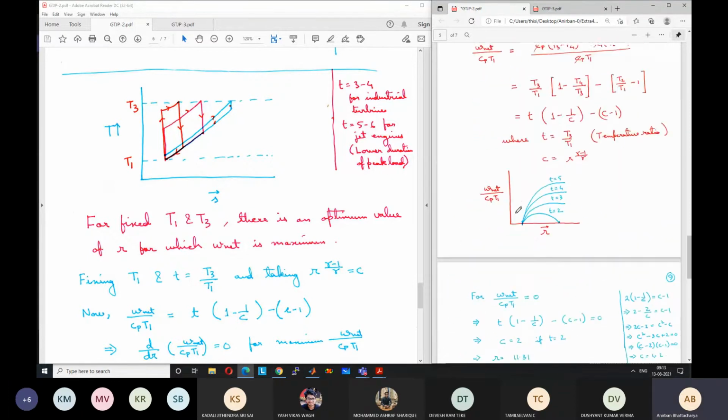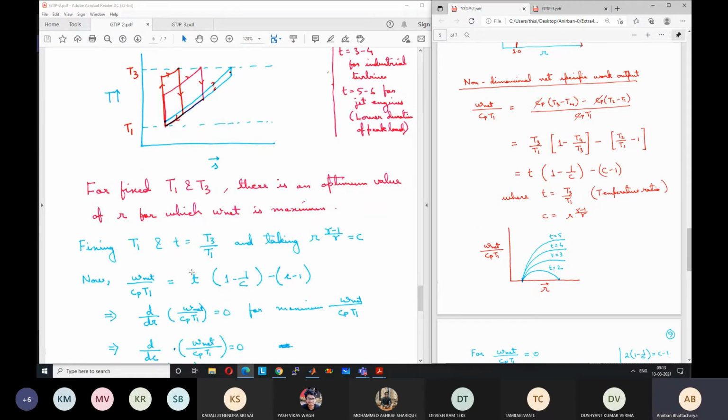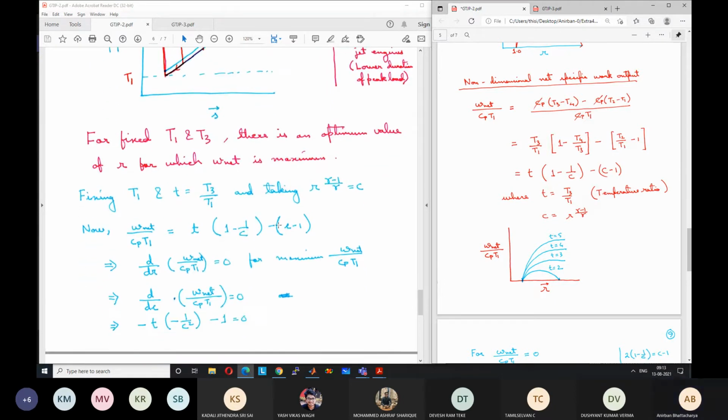So this is the expression for W net by CPT1. W net by CPT1 is equal to T into 1 minus 1 by C minus C minus 1. So this same expression. So assuming constant, we can find the optimum value, maximum work output, if we take a derivative of this net work output term with respect to R and equate it to 0 to find the maximum value.